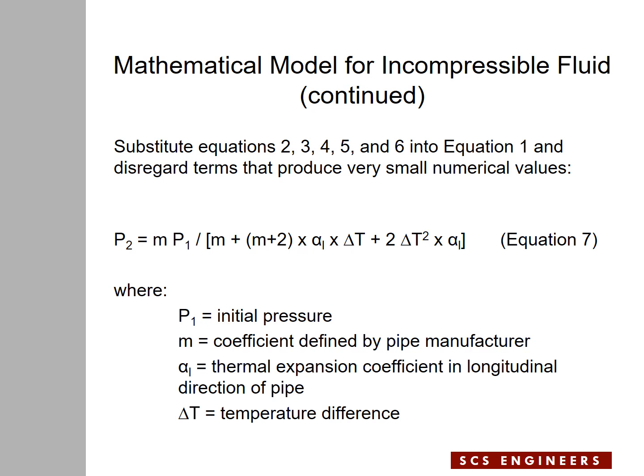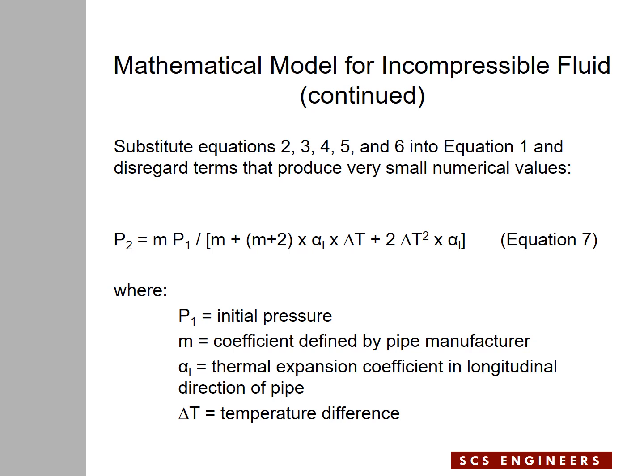So if we substitute equations 2, 3, 4, 5, and 6 into equation 1 and disregard terms that produce very small numerical values, we will arrive at equation 7.